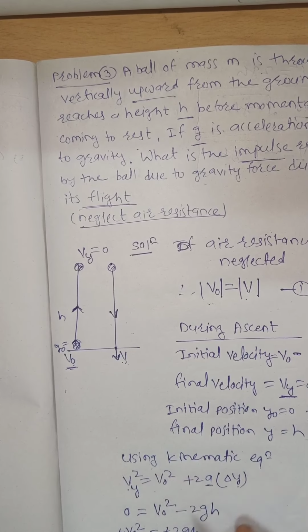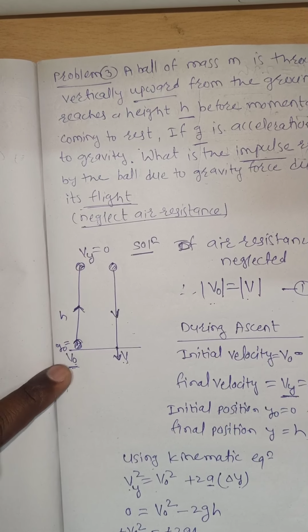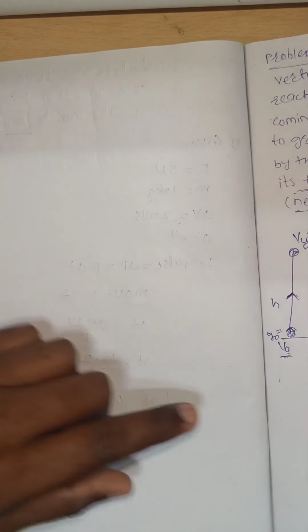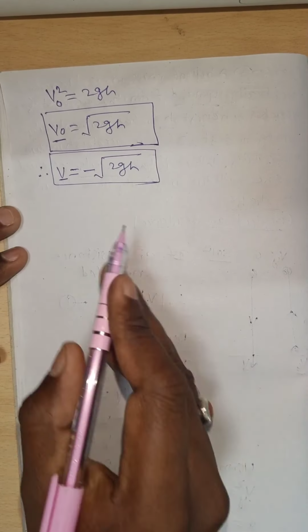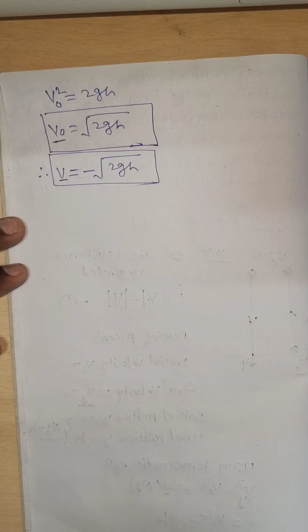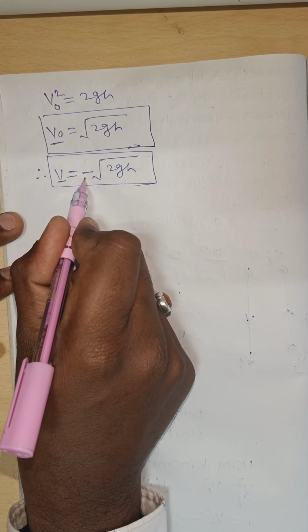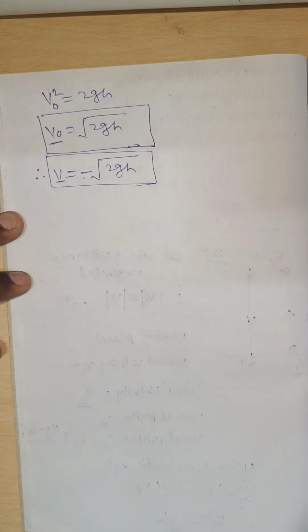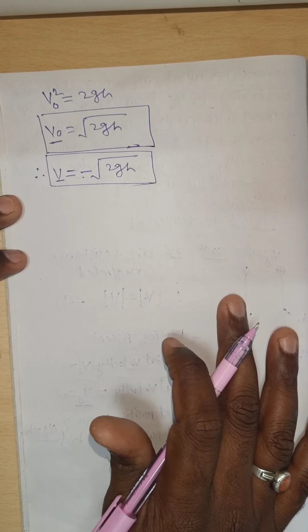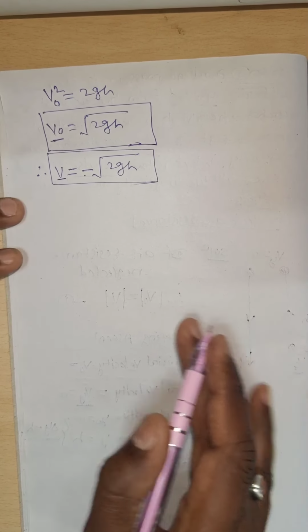Using the kinematic equation during the ascent we found the initial velocity v0, and the final velocity is minus under root 2gh.